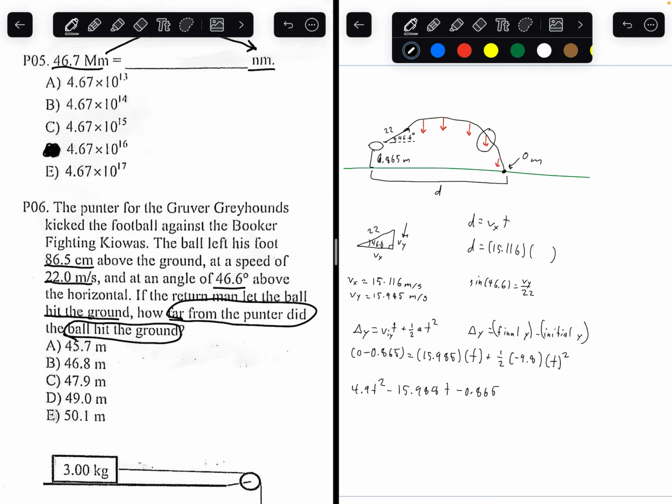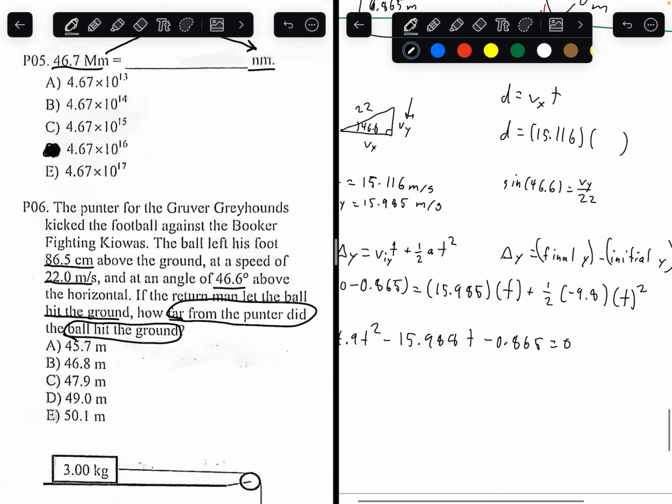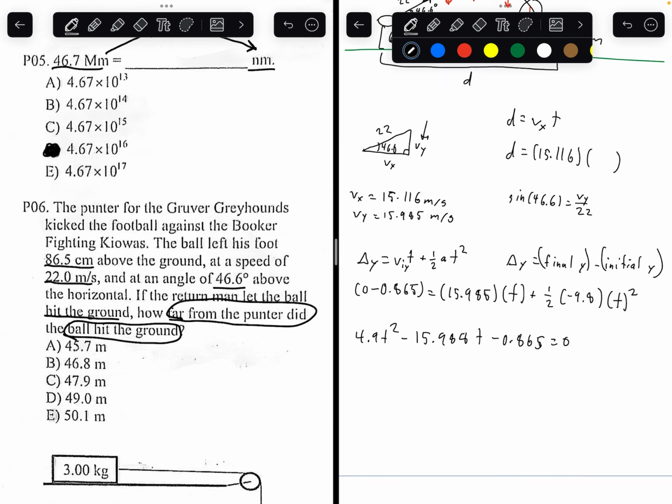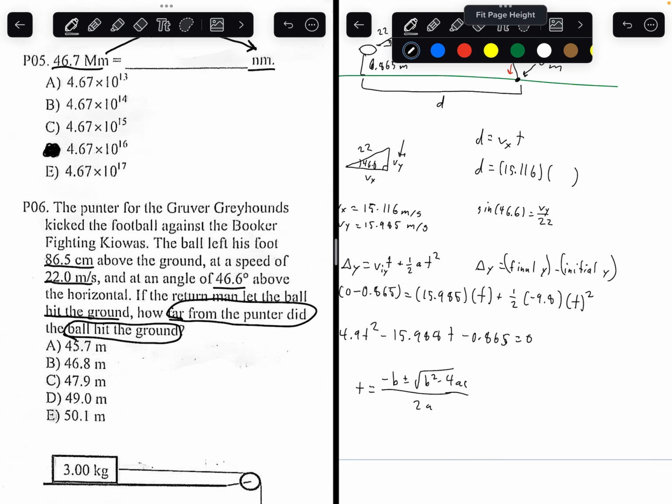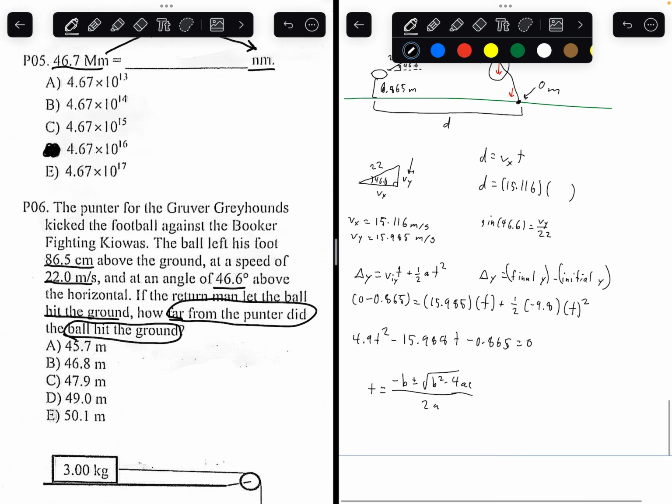And now it's down to the quadratic formula. As you can see, we made a quadratic equation here. So we want to solve for t. That would equal minus b plus or minus the square root of b squared minus 4ac, over 2a. Standard quadratic formula.